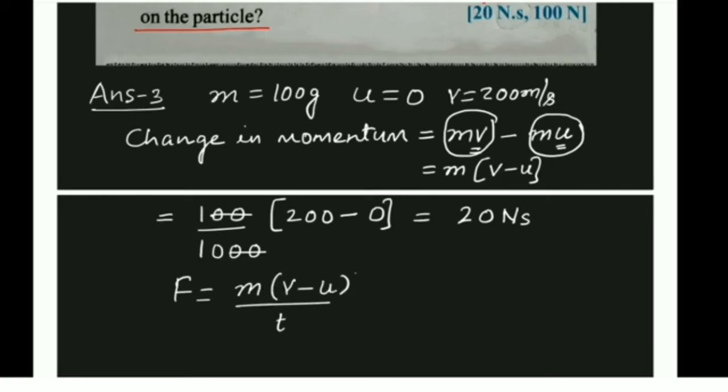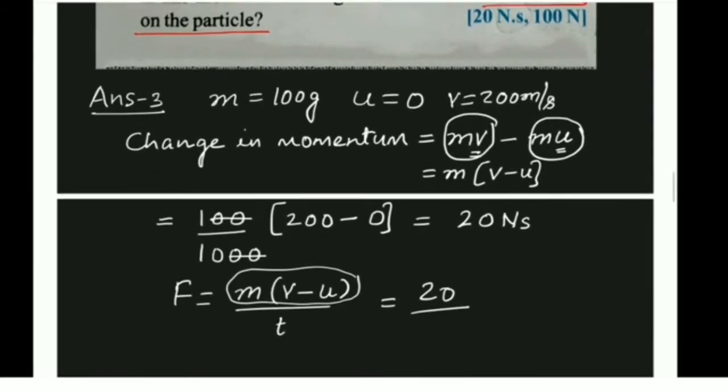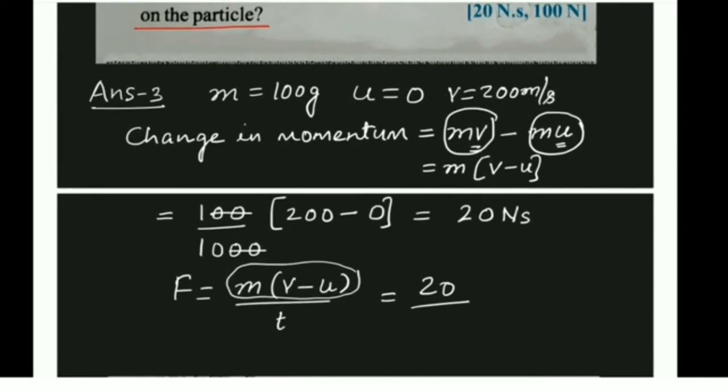Now this value we have already calculated in the first part, so I will directly put here 20. Now the time is given, yes, time is given, so it is 0.2. If you remove this decimal, 10 will come in the numerator, so it will be 100 Newton. So this is answer number 3.